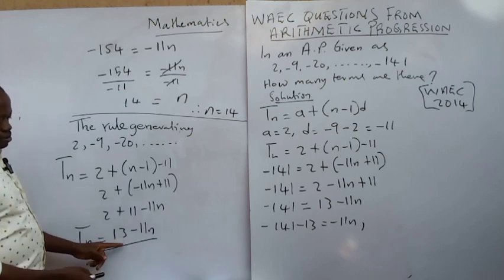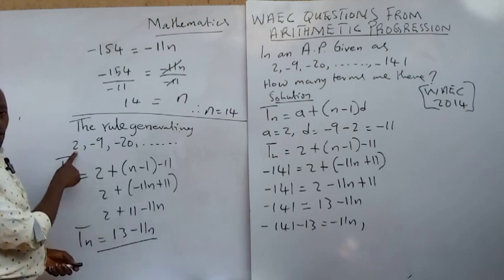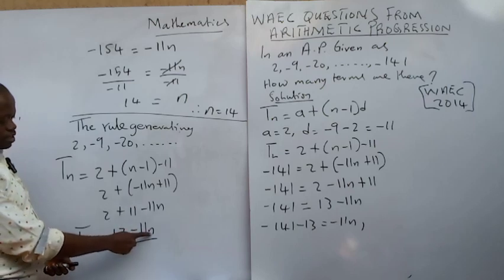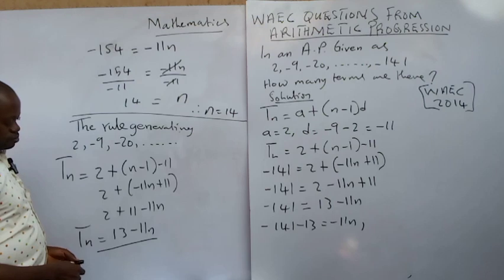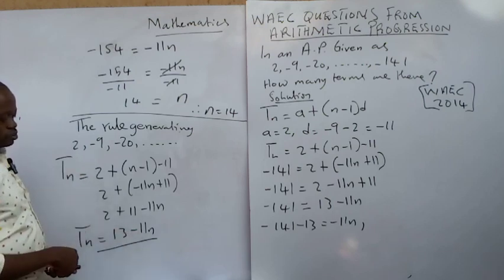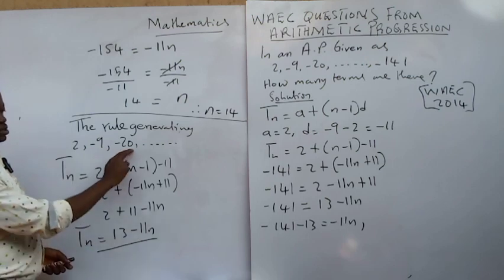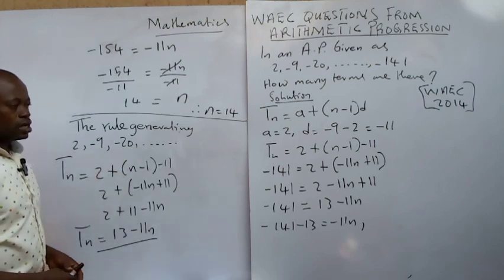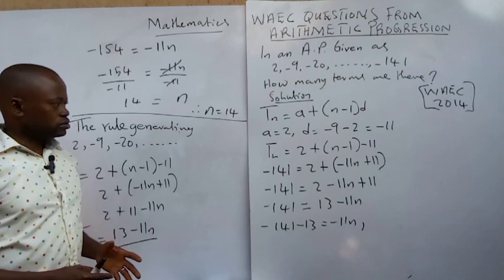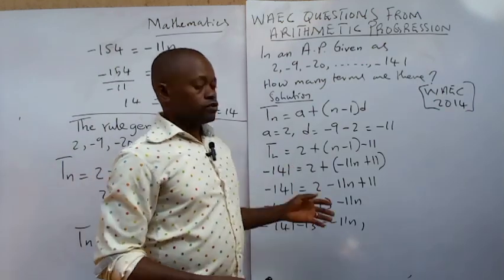You can test this and see whether it works. When n is 1, minus 11 times 1 will give you minus 11, and 13 minus 11 will give you 2. If you also check it out in the terms, you see that this is the function that generates this sequence. So I'm trusting God that that explanation is okay for us.